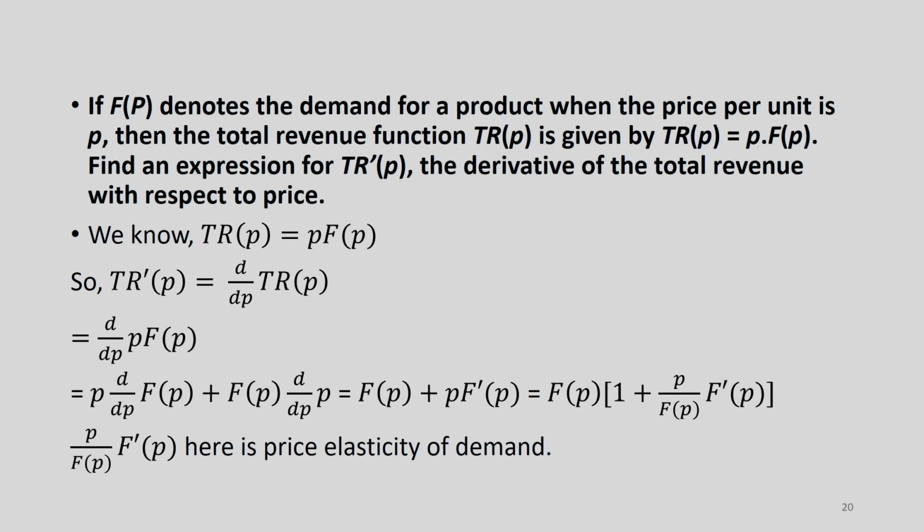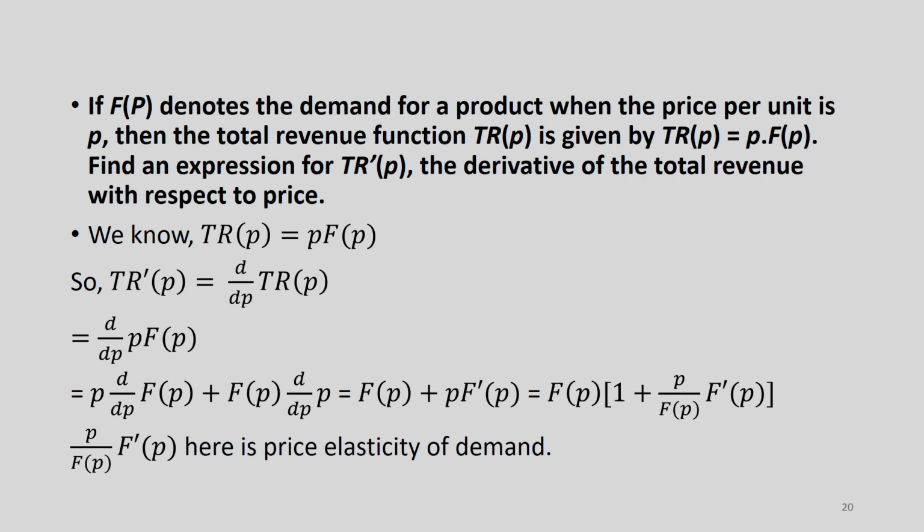So, this was the problem that we were discussing. Let me just revise this a little bit, so that we can go forward. F(p) is the demand function of a product, where p is the price per unit of the good.